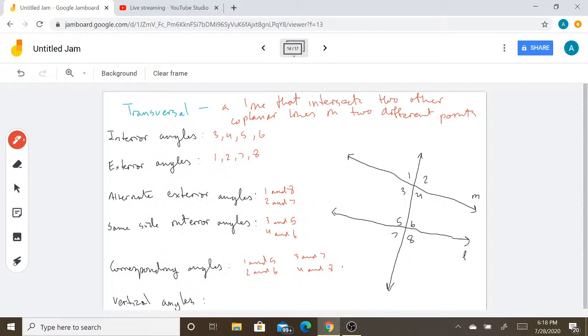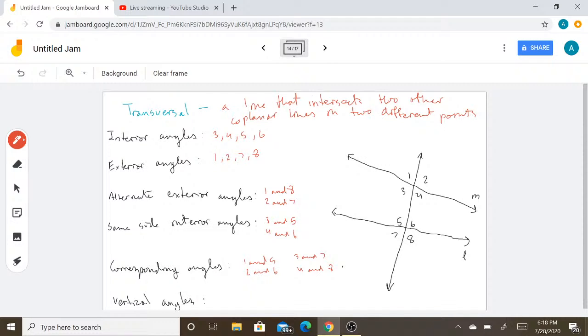So corresponding angles are on the same side of the transversal and include one exterior and one interior angle. So 1 is an exterior angle on the left side of the transversal, and 5 is an interior angle on the left side of the transversal, so they're corresponding.